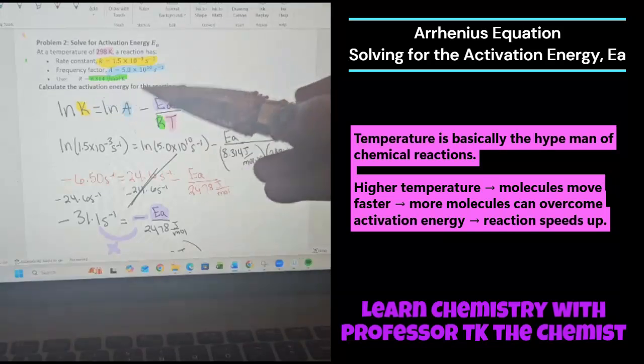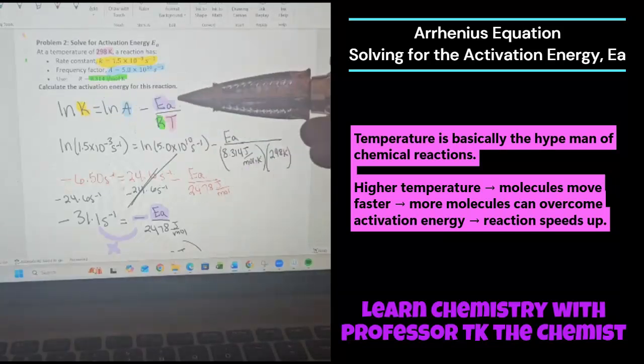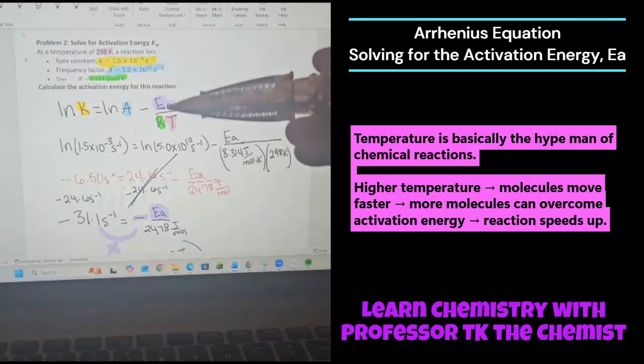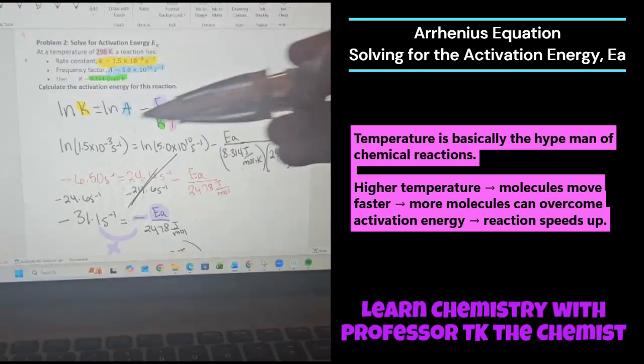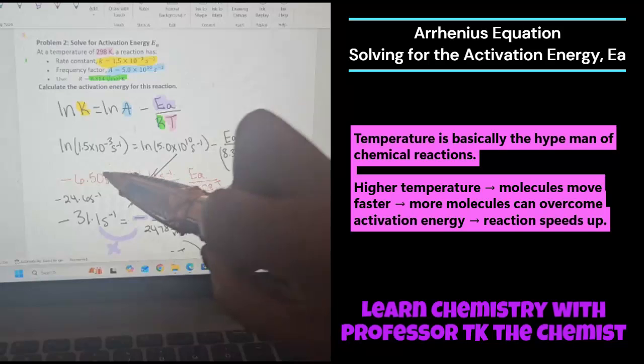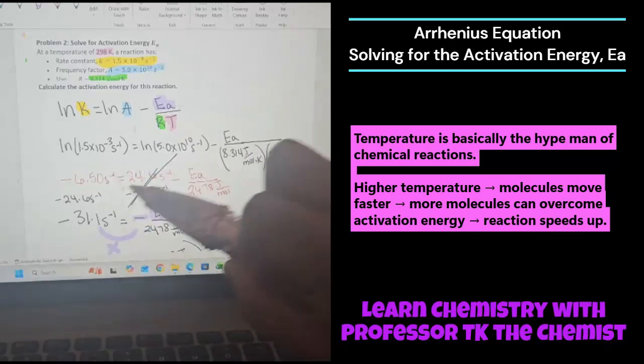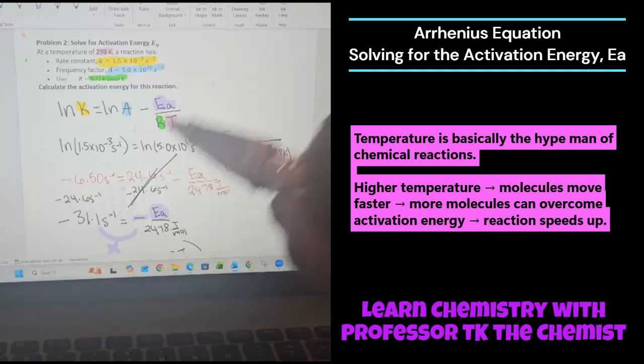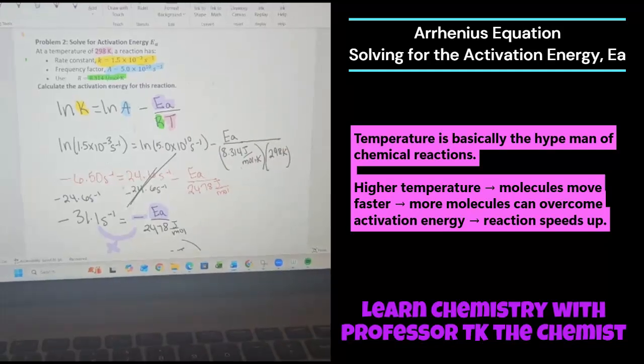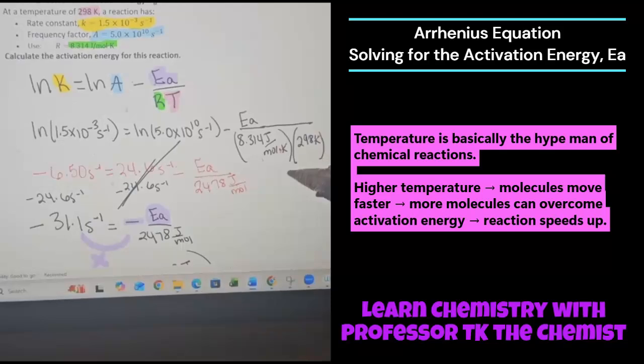We were solving for the activation energy. We color-coded to know where the numbers needed to go within our problem. I solved for the natural log of K and the natural log of A. I got those two numbers right there. Then I also multiplied these two numbers so I could get that number right there on the bottom.